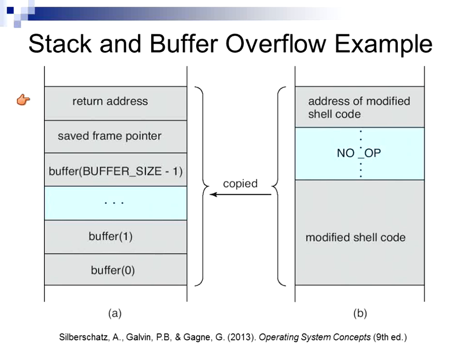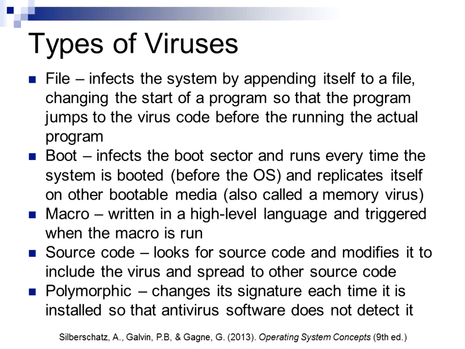But in C, you could do something like this and actually modify what's on the stack so that it's no longer a valid return address. It's the address of some other code that's going to execute. Okay, so that's kind of an interesting thing that people figured out how to do.